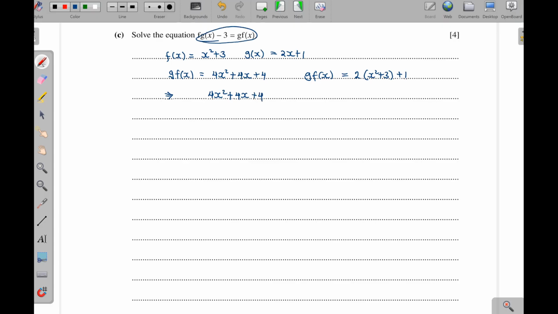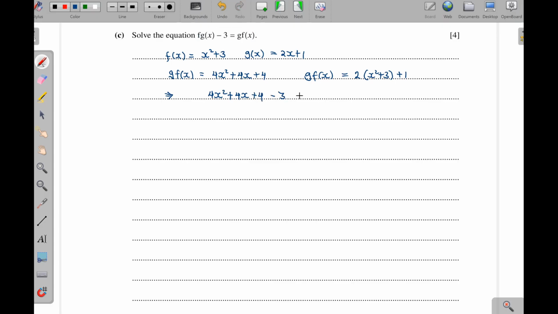Now I'm substituting here, so there is a minus 3. Then I will equate to this one, which is 2 x squared plus 6, and then plus 1. So we have 4x squared plus 4. This one will give you 4x, then plus 1. Bring everything to this side.